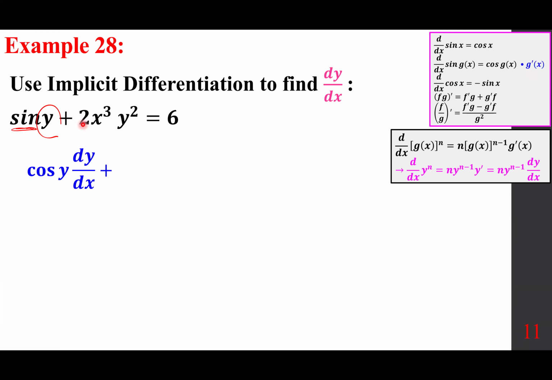Now, to do the next term, we have to put a raised dot in between because it's a product rule, f times g, we use that. f prime g plus g prime f. f prime is 6x squared times g, which is y squared, plus g prime is 2y y prime or 2y dy/dx times f, which is 2x cubed, and the right side is some number, 6 or anything else, is 0 when you differentiate.